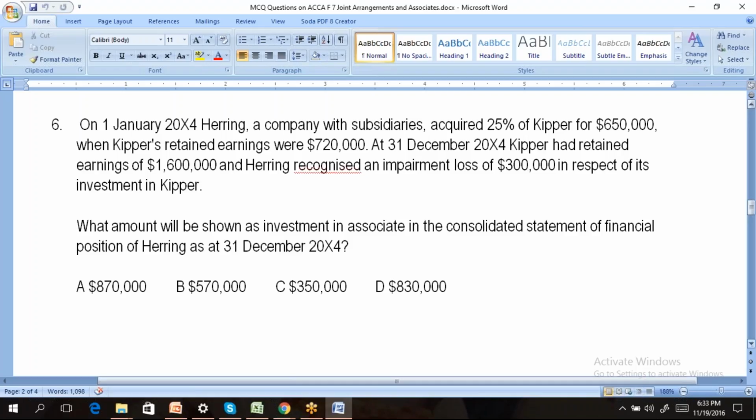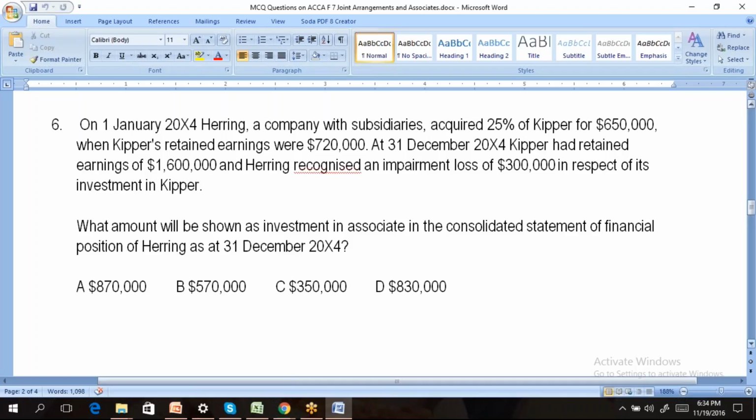I got 880, and then times 25%. That's 220. Correct. So 220 plus 650 minus 300. I got 570. Yes, 570 is the right answer.